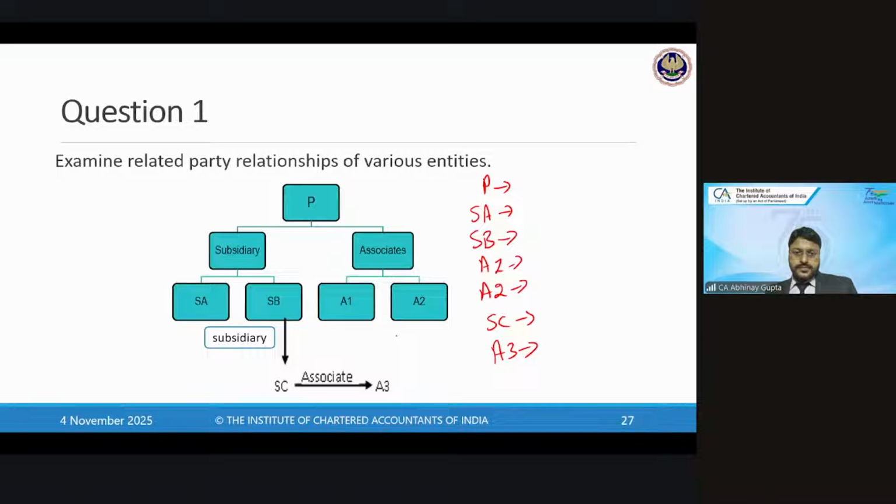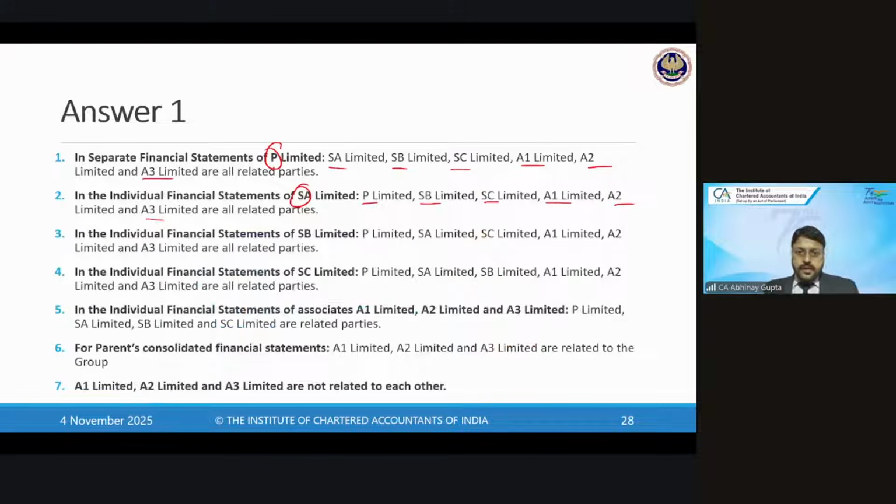Which means A1 is the parent's direct associate, and A2 is also a direct associate. There are totally 3 associates. My understanding was incorrect then. Sir, why is A3, associate 3, related?